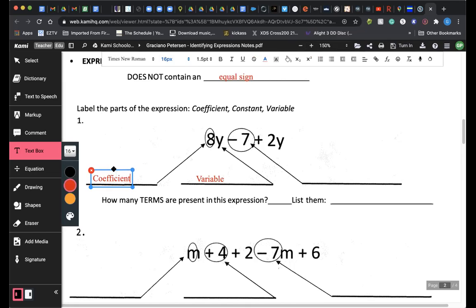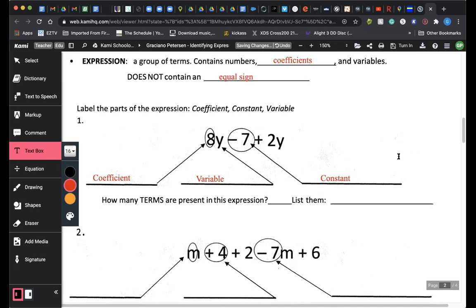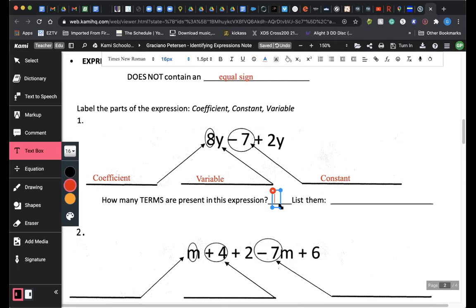All right, so that leaves -7 as my constant. How many terms are present in this expression? What are the terms? We have 3 terms.